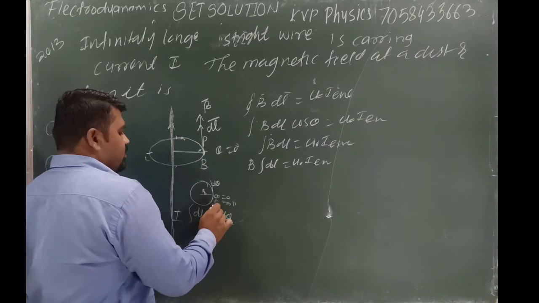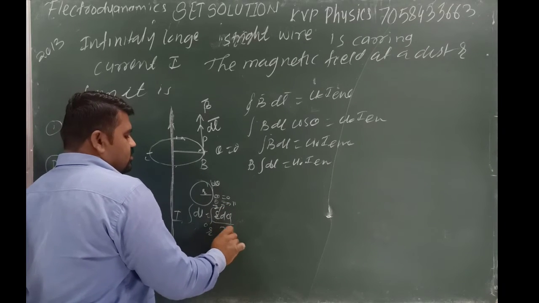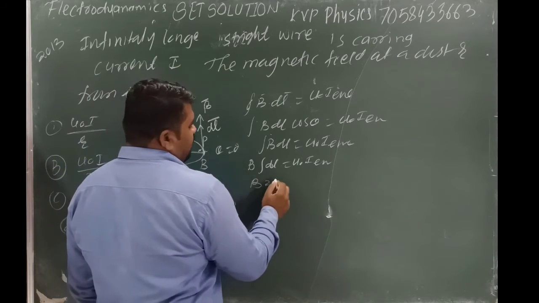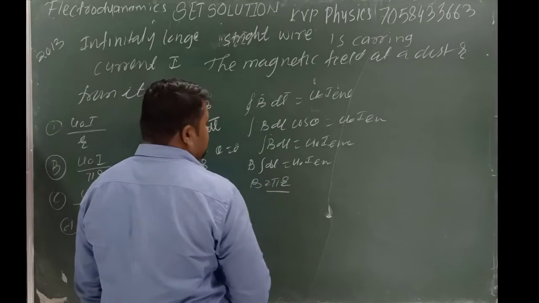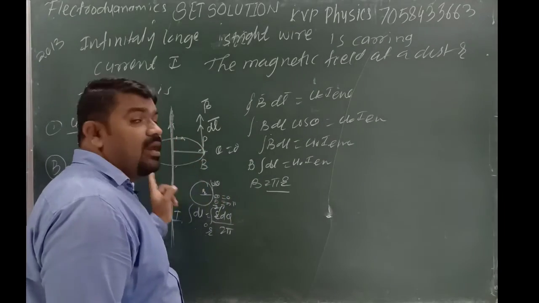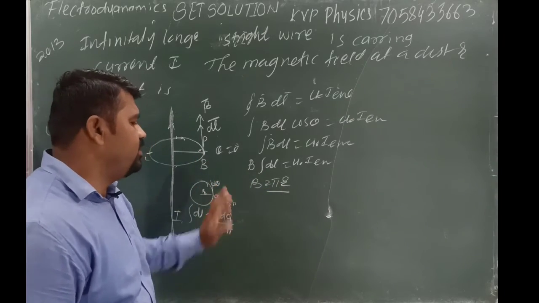So the limit is 0 to 2 pi, and this is equal to 2 pi R. The LHS length is always the Amperean loop length, not the body length. This is the Amperean loop length, B dl.